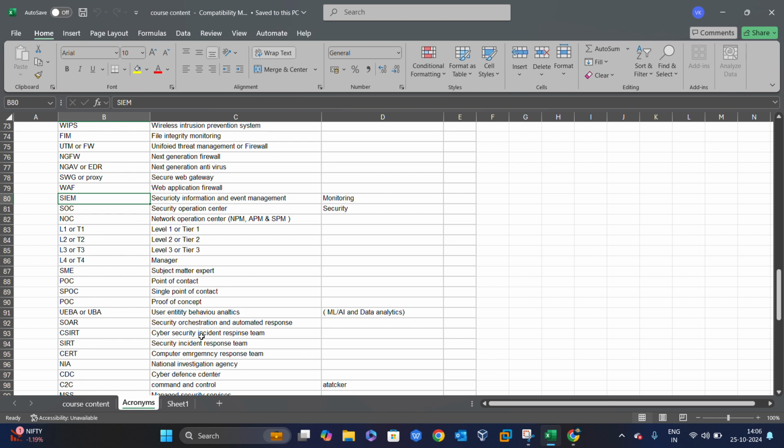So next one is L1 or T1, tier 1. Always we are referring to L1. What is L1? L1 is nothing but level 1. When a security incident is triggered by any security tool, people with most 3 to 4 years of experience fall under the level 1 team. They will do the initial analysis.